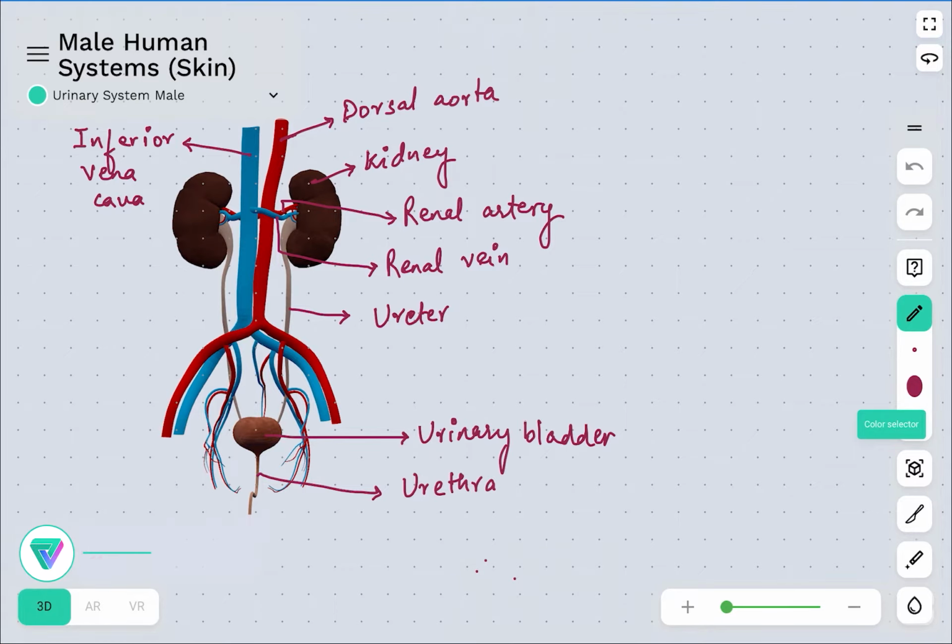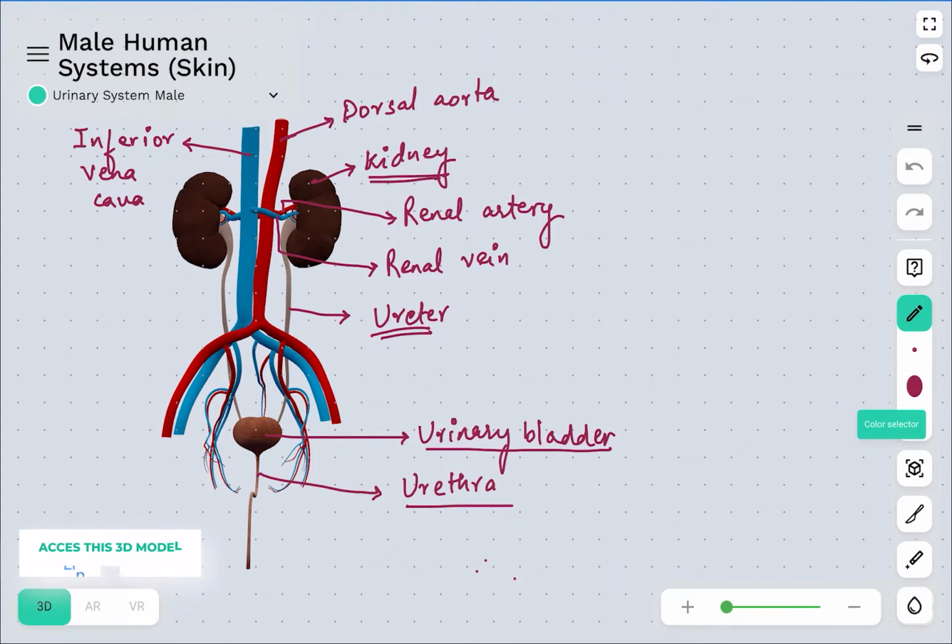We have already discussed that the human urinary system consists of a pair of kidneys, a pair of ureters, a urinary bladder and a urethra, along with the other important blood vessels that enter or leave the kidney. So these are the entire labelings.